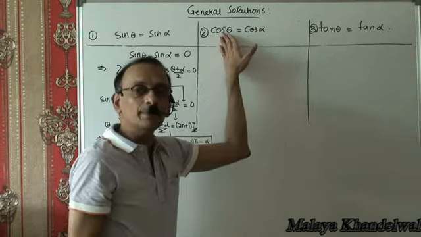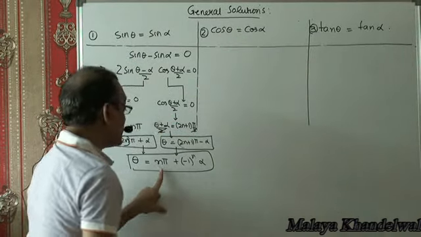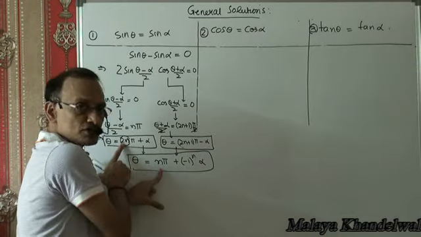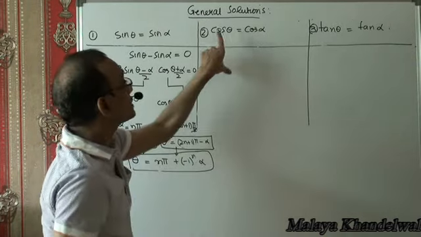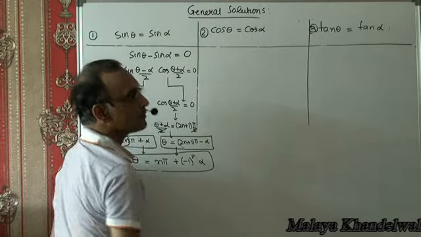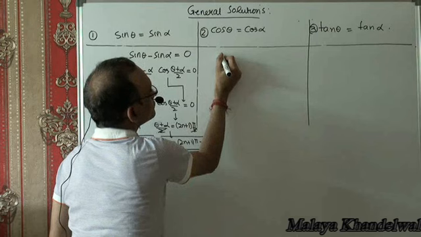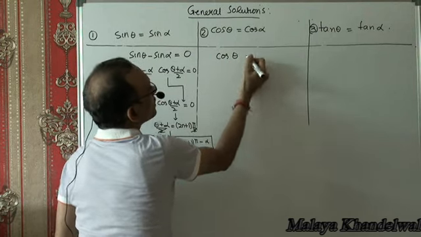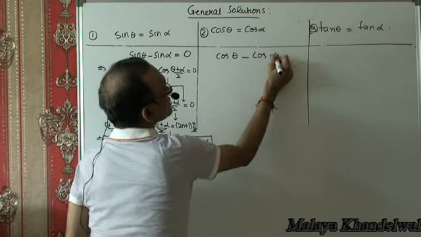Now, let me look at the generalized solution for this. So n is any integer, even or odd. N even will reduce to this case, n odd will reduce to this case. Now let me look at cos theta equal to cos alpha. Cos theta equal to cos alpha is like cos theta minus cos alpha as 0.